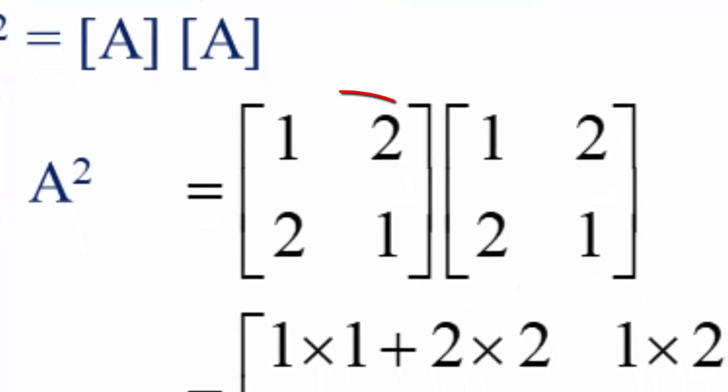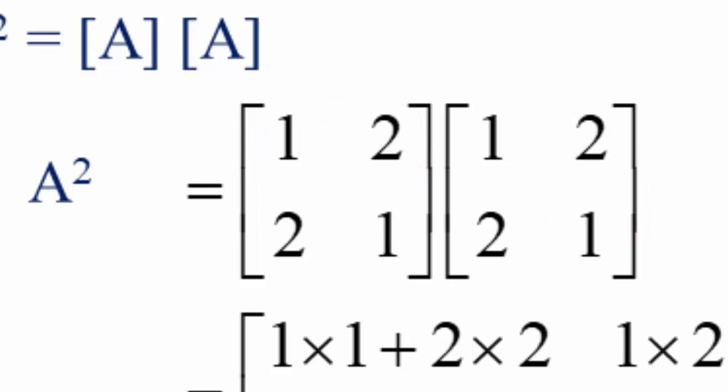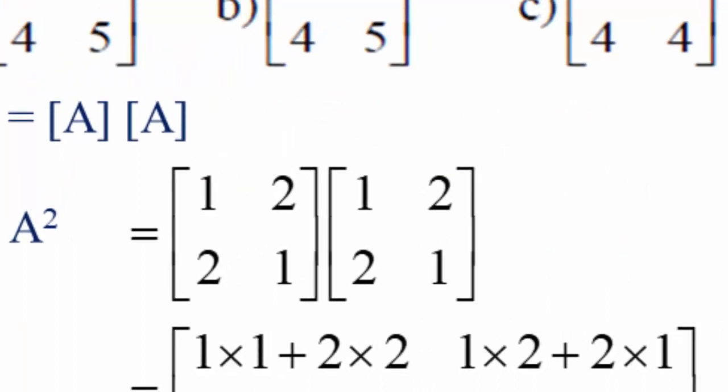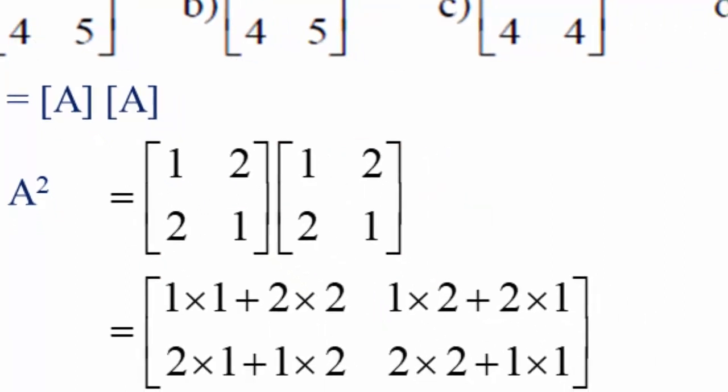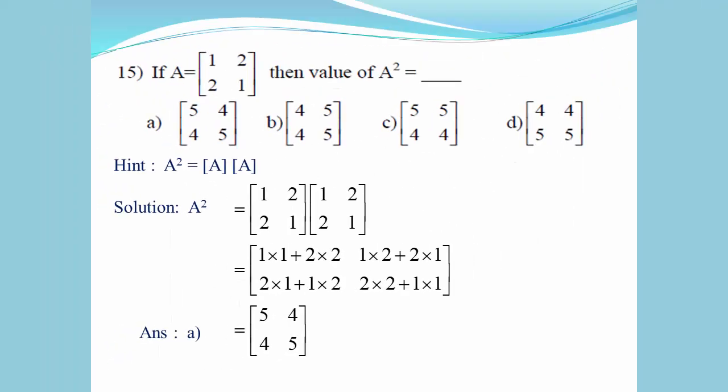The same procedure is for the first row of the first matrix into the second column of the second matrix, so we get 1 into 2 plus 2 into 1. And we follow the same procedure with the second row and the two columns of the second matrix. So, it is 2 into 1 plus 1 into 2, and 2 into 2 plus 1 into 1. So, the answer is 5, 4, 4, 5. The resultant matrix is also of order 2 by 2. Therefore, the option A is right.